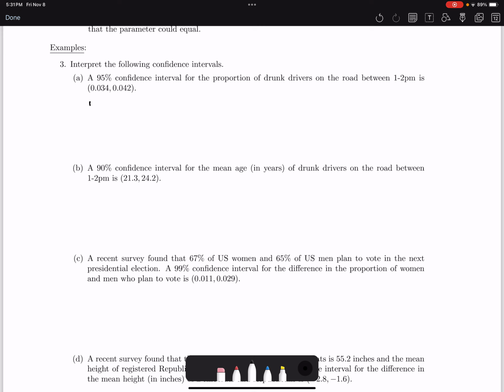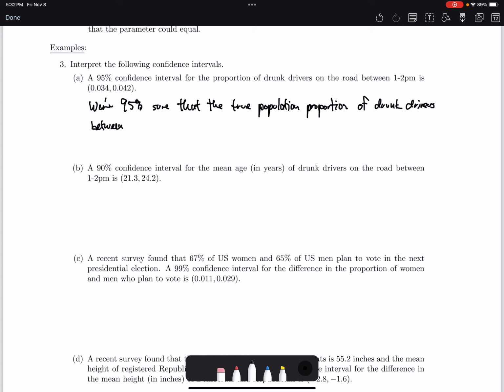I'd say, well, we're 95% sure that the true population proportion of drunk drivers between 1 and 2 p.m. is somewhere between 0.034 and 0.042.